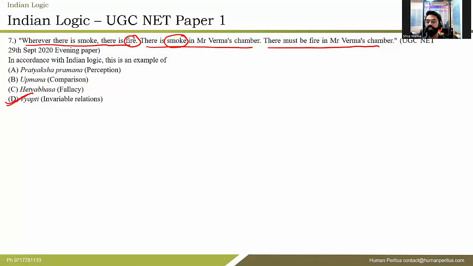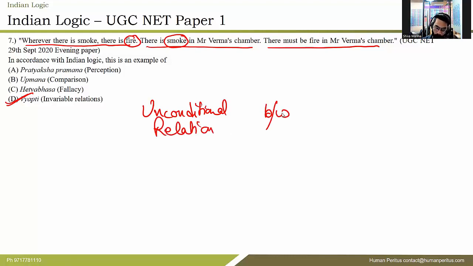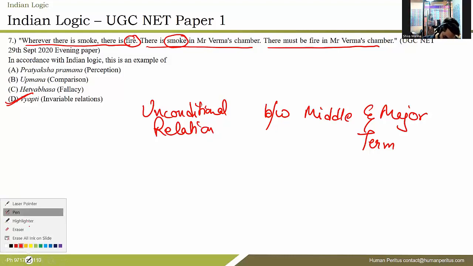What does Vyapti mean? Vyapti is the unconditional relation between the middle and major term. All right. Now, in Indian logic, your middle, major and minor terms have their own names, and you should be knowing the names.